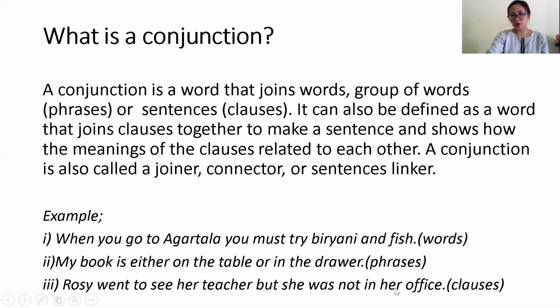She was not in her office: another sentence. Both these sentences have a meaning of their own and are complete sentences. But in order to connect or join these two sentences, we use the conjunction but, to make a complete meaningful sentence. Okay.